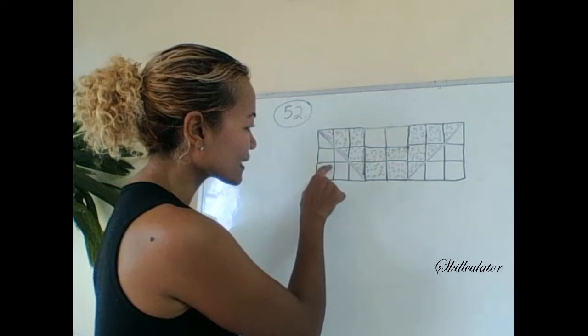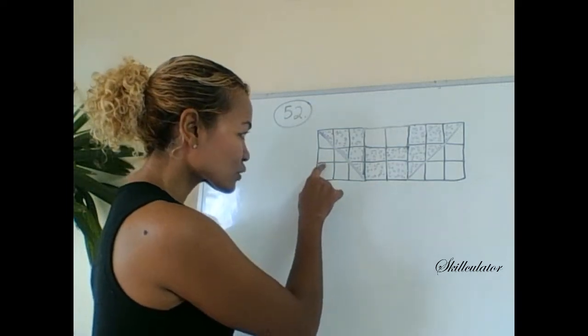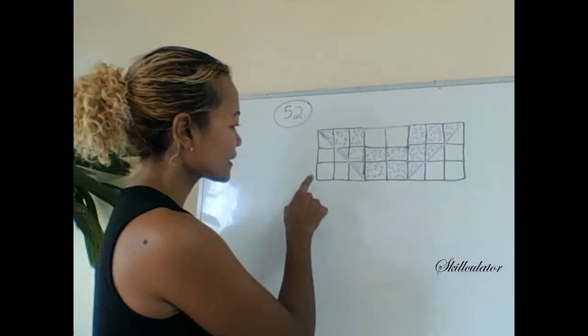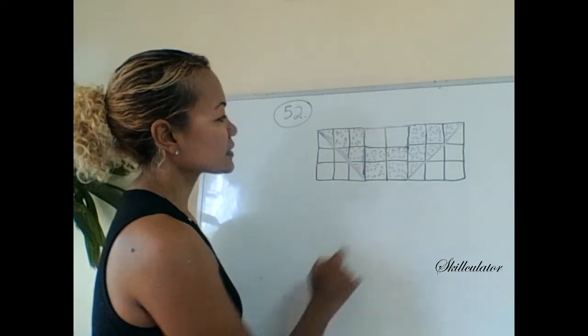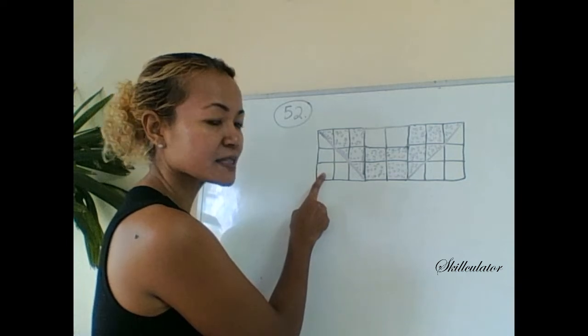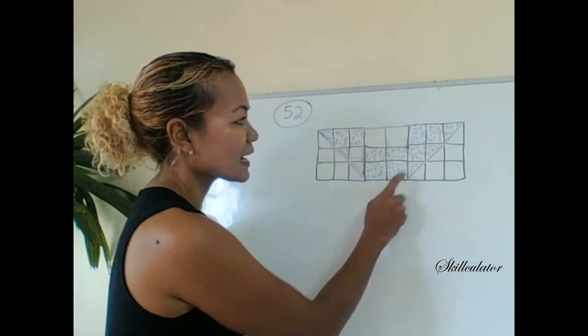So that one little square is equal to 1 centimeter squared, right? 1 times 1, 1 centimeter squared. So basically then the question becomes, if 1 is 1 centimeter squared, how many of these blocks are colored here?